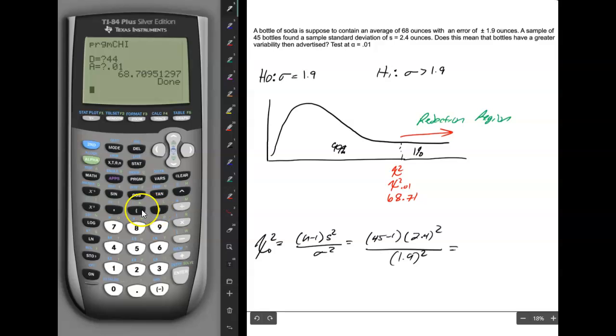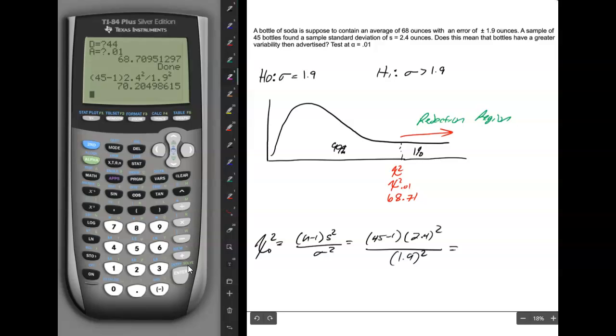So we throw that into the calculator real quick. And that gives us 70.20.